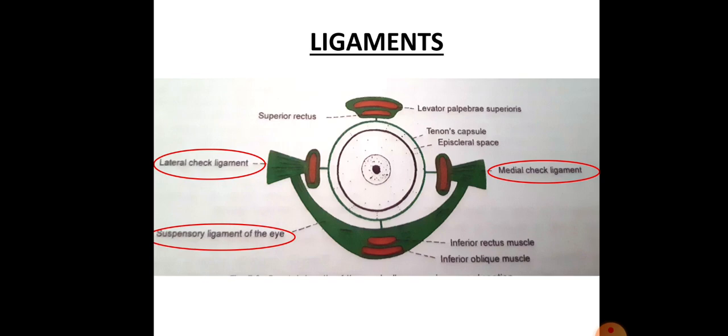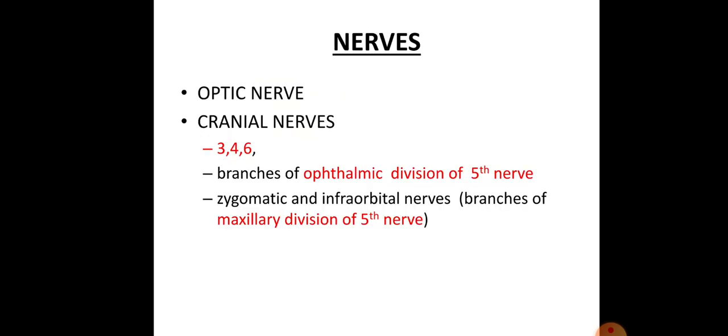And inferiorly, this Tenon's capsule gives an extension called suspensory ligament of Lockwood. All these ligaments keep the eyeball in position. What are the nerves which pass through the orbit?